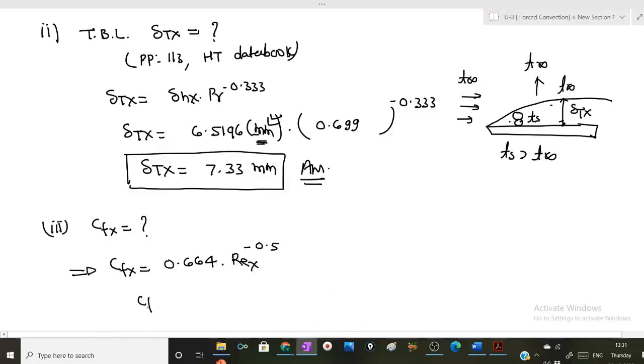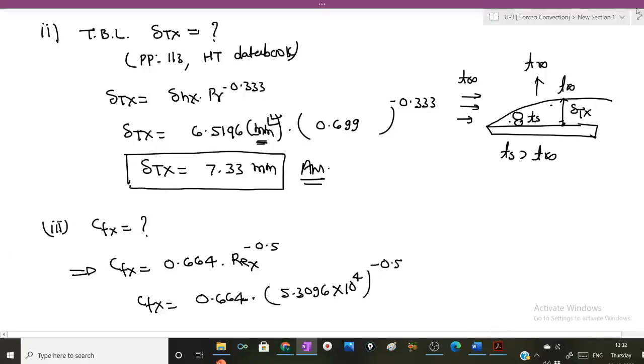So simply put the value of Reynolds number: 0.664 into 5.3096 into 10 to power 4, raised to minus 0.5.